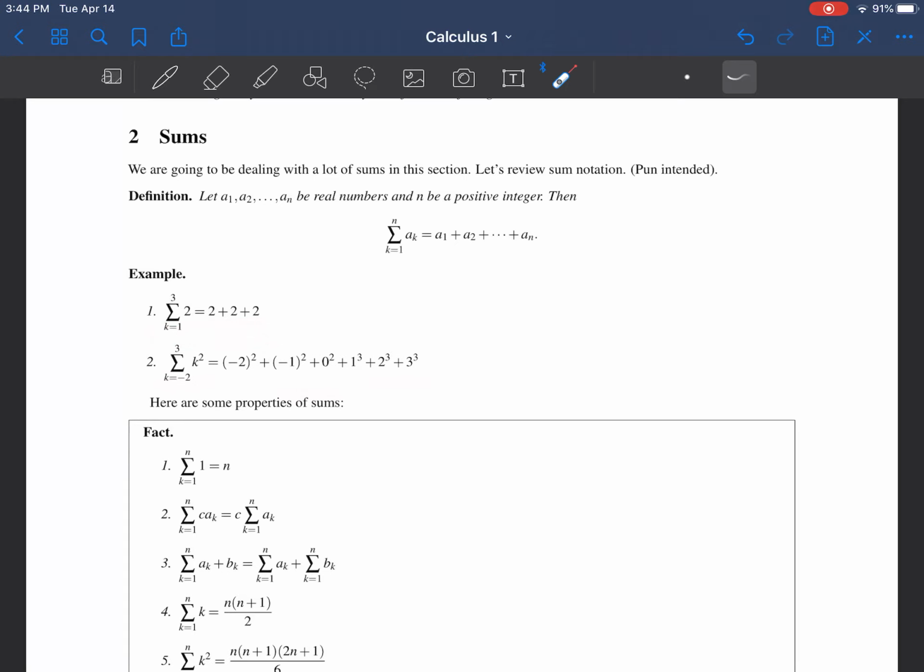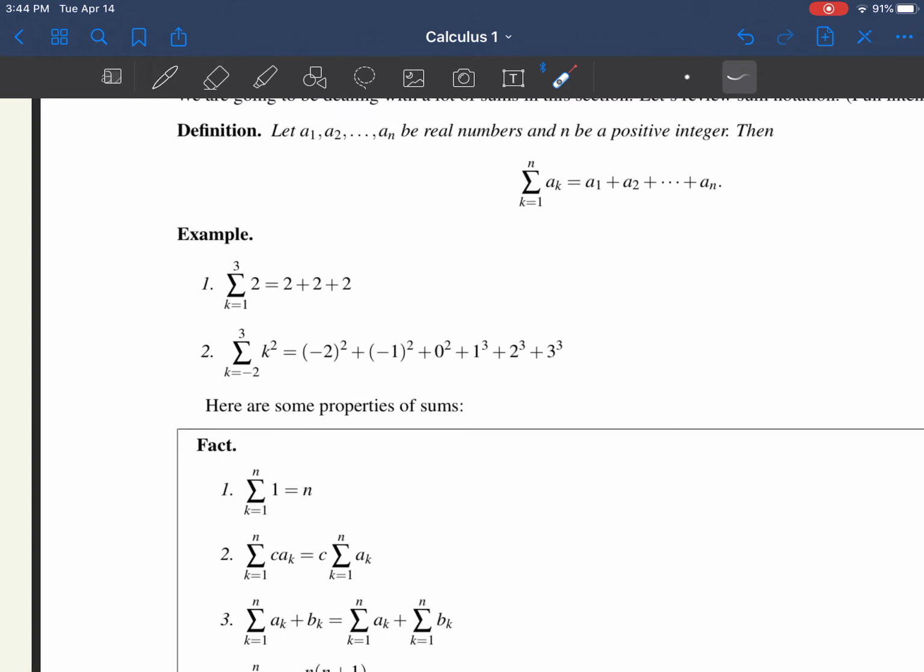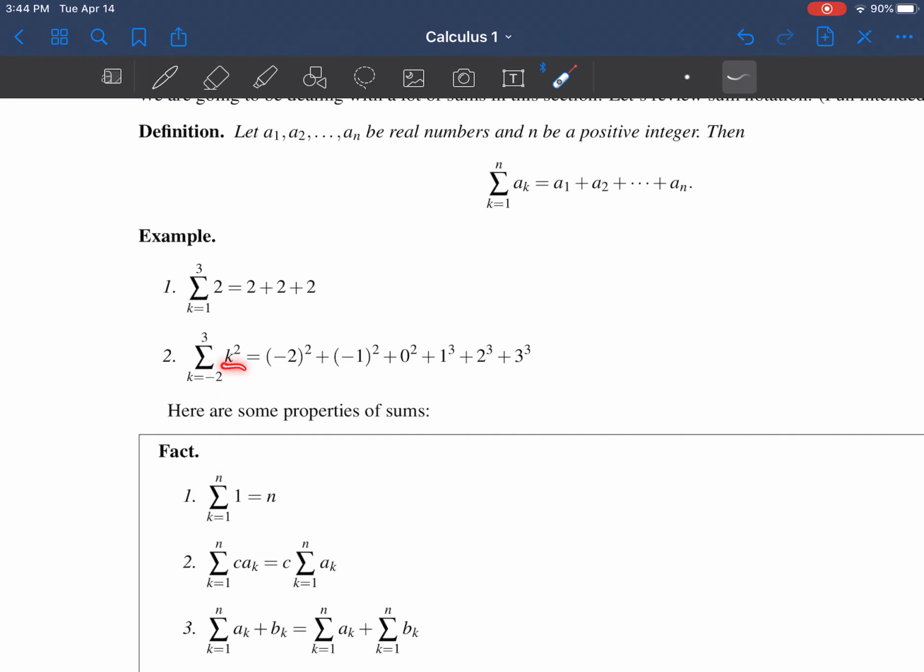And for something like this, now we do have something to plug into. We can plug into this K squared. The first number I plug in is told right here: K equals minus 2. That's the first number I plug in, and I square it because this says K squared. The next number I plug in is minus 1, so you count up.